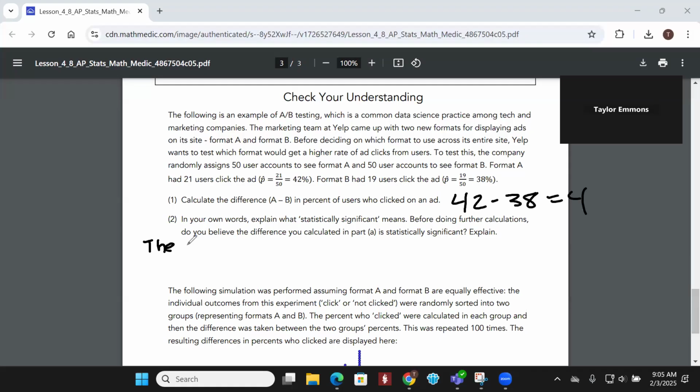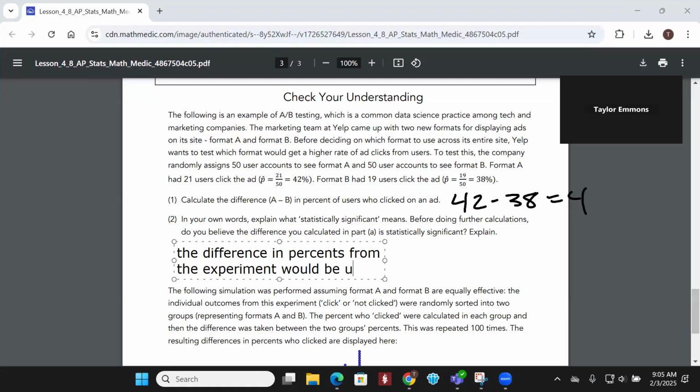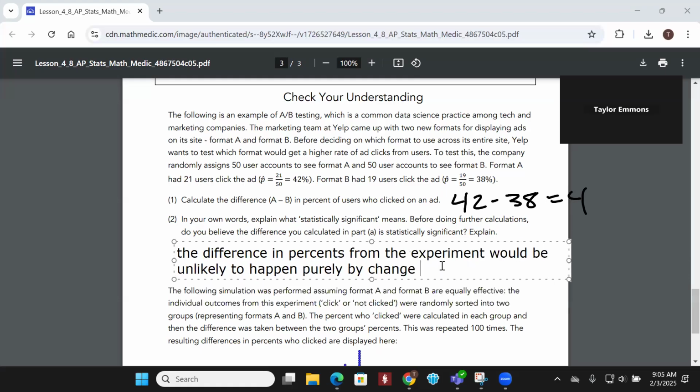Type this so you can read it. The difference in percent from the experiment would be unlikely to happen purely by chance. That's what statistically significant would mean.